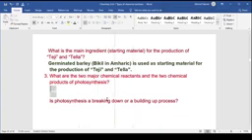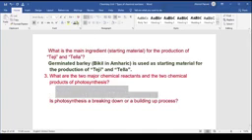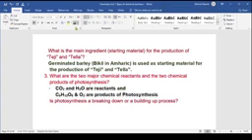Therefore, the answer to the question can be written as follows. The starting materials or reactants are these, and the products are glucose and oxygen.